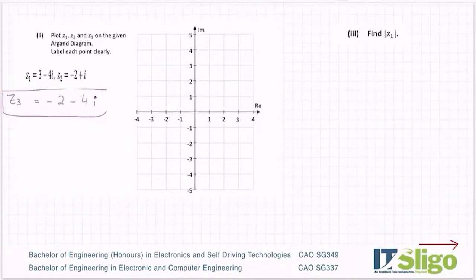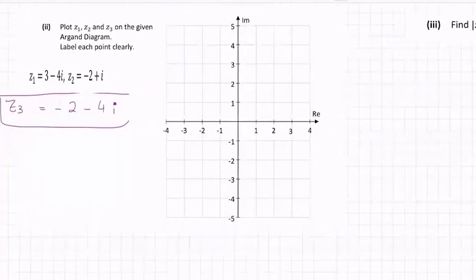Okay, so z1, can you see that, is 3 minus 4i. So I go across to 3 on my real axis, that's the real component, and I go down to minus 4. So you just take the numbers when you're plotting. The i just tells you that that's the imaginary part of it, okay? So 3, and then I go down to minus 4, so 3, minus 4, so that's my z1.